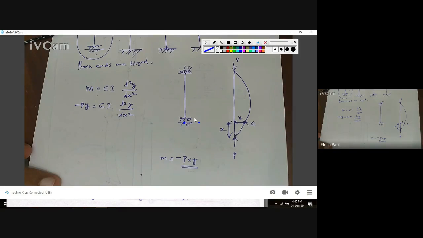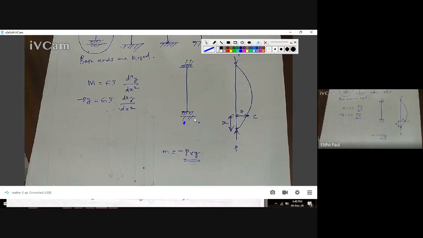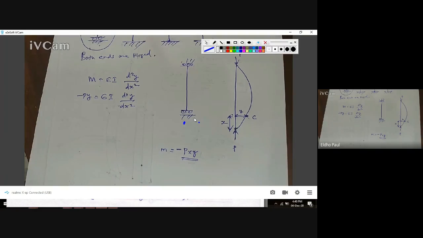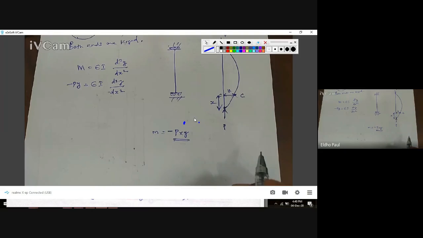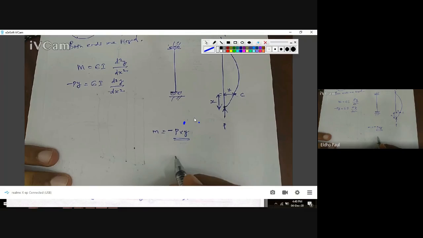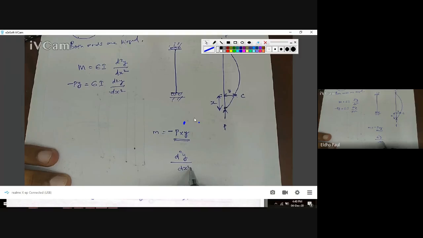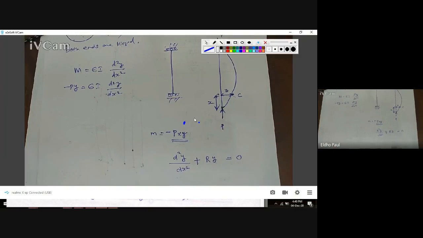Okay. So next I am going to convert this into a standard form. You already studied partial differential equations. So to solve a differential equation, d square y by dx square plus a constant, for example r, a constant r into y equal to 0, what is the solution of this differential equation?